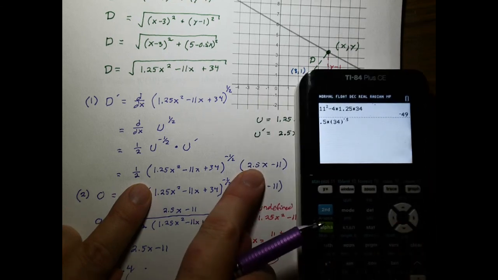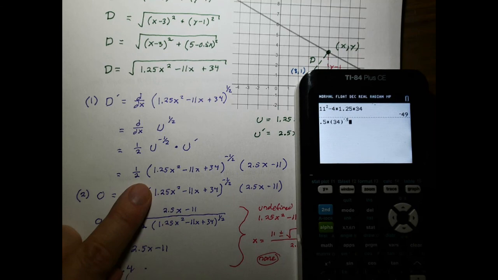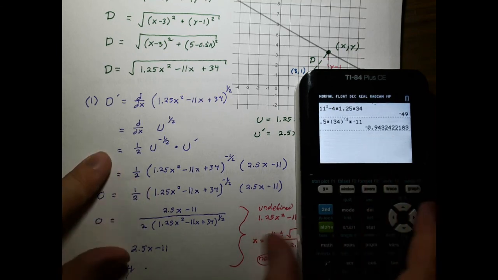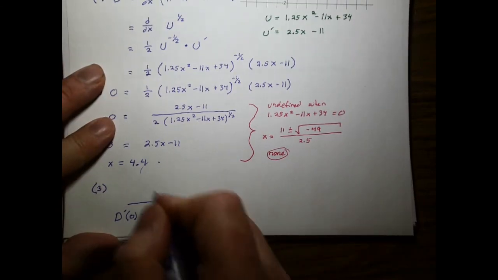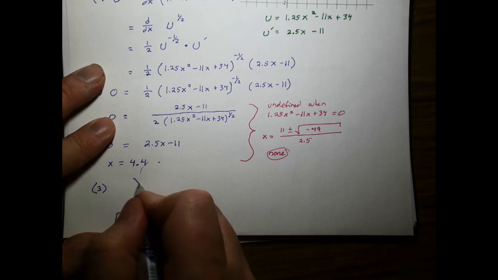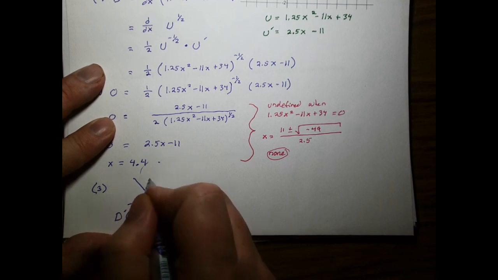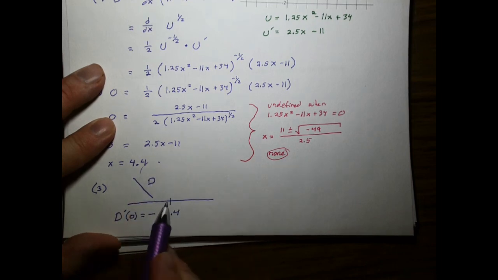And then 2.5 times 0 will be 0, so times negative 11. And this gives us a negative number. So this is a negative number, which means the original distance function is decreasing.